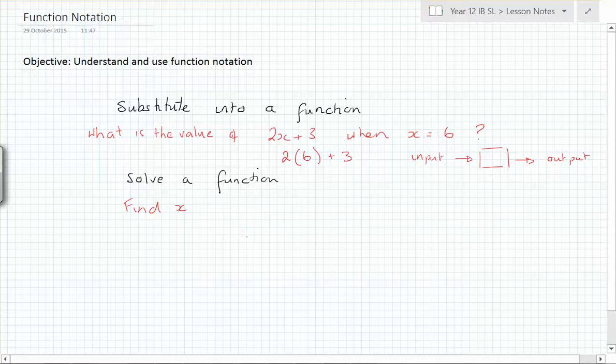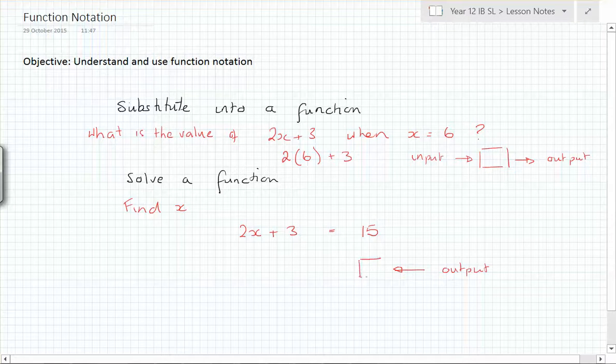Anyway, find x. So what we're doing then, an example would be, for instance, if 2x plus 3 was equal to 15, find x. In this case, we're going the other way. We start with our output, okay?